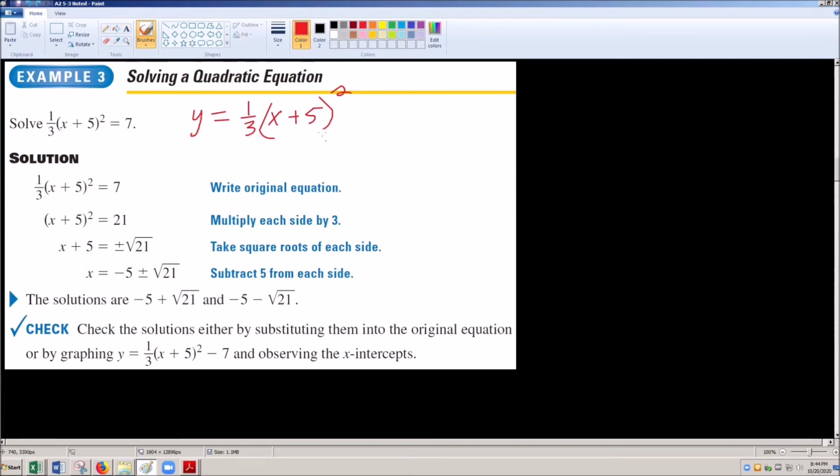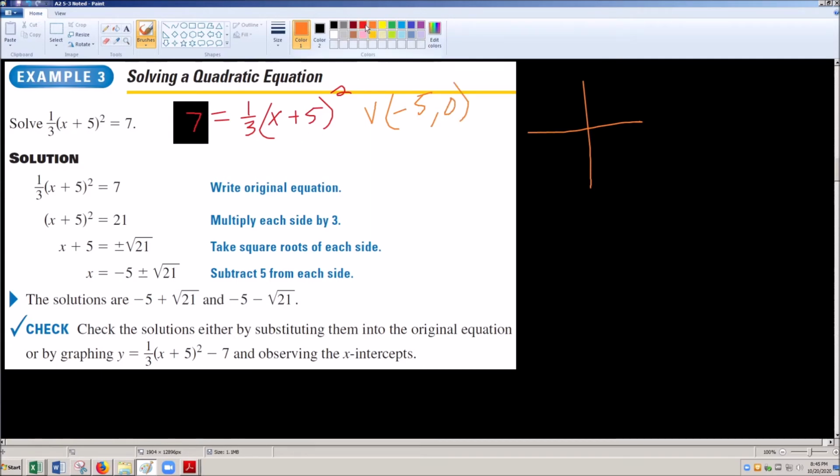So when we look at this thing, instead of equaling y, I have a specific value that I want, and that specific value is 7. So I want to know when this thing is equal to 7. If I were to do a super quick graph of this just for curiosity's sake, the vertex is going to be at -5, 0, and it's going to open up wide, basically.